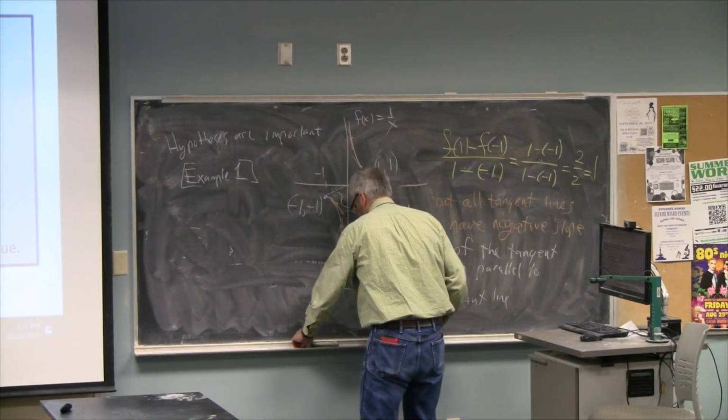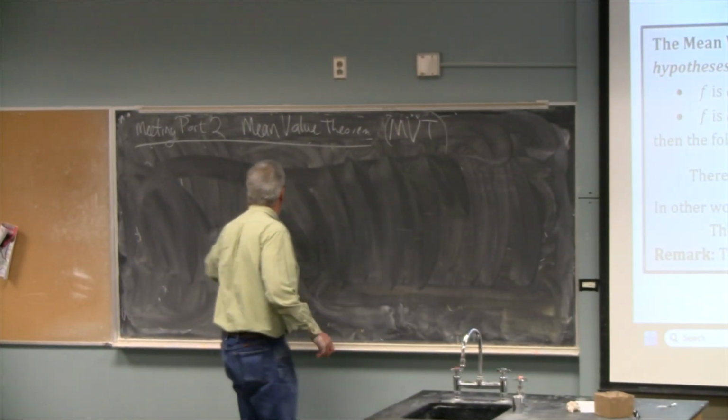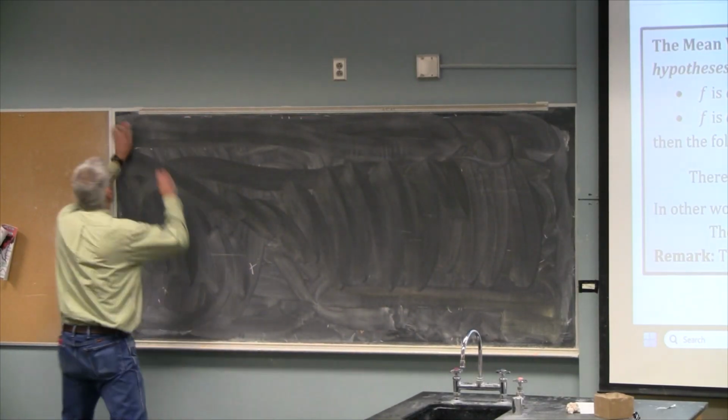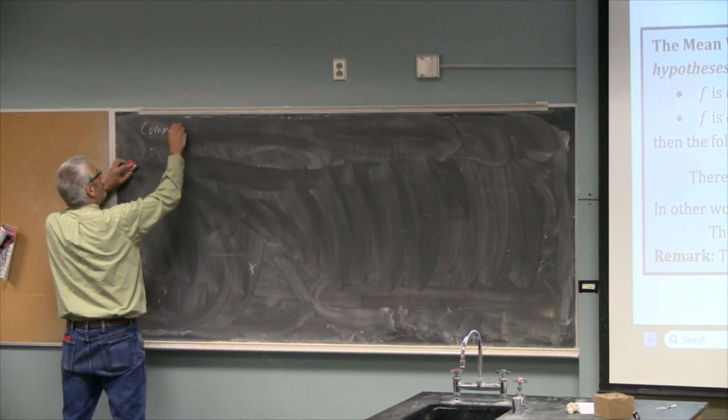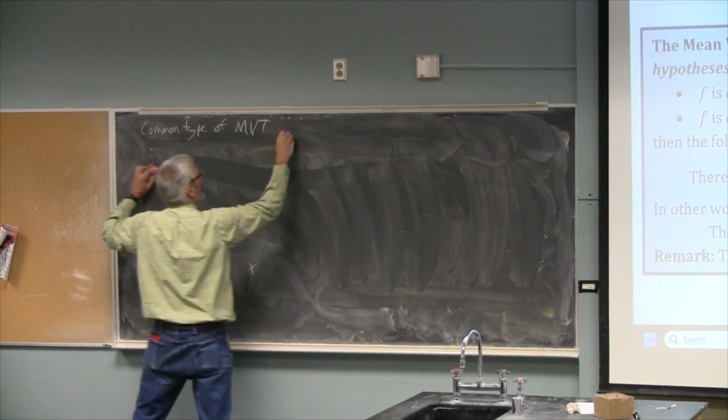All right. Now I want to talk about a common kind of problem. So remember, this theorem, if it works, it just tells you, well, there's a number c somewhere that works. But it doesn't tell you where that c occurs. So here's a common type of mean value theorem problem.